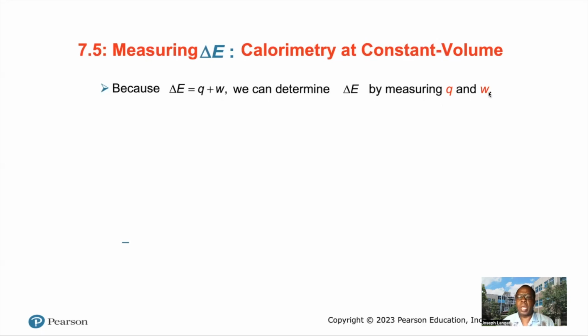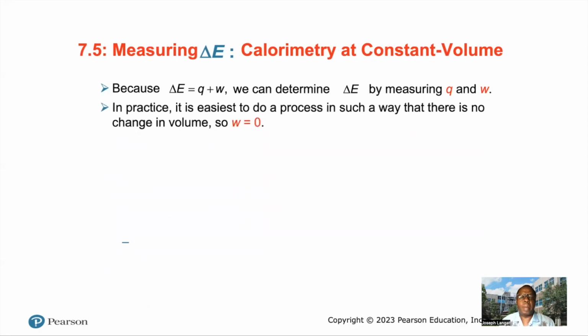In this section, part P, we will see how to measure the heat released or absorbed and the work done by the system. The change in internal energy of the system at constant volume is the same as the heat of the system.